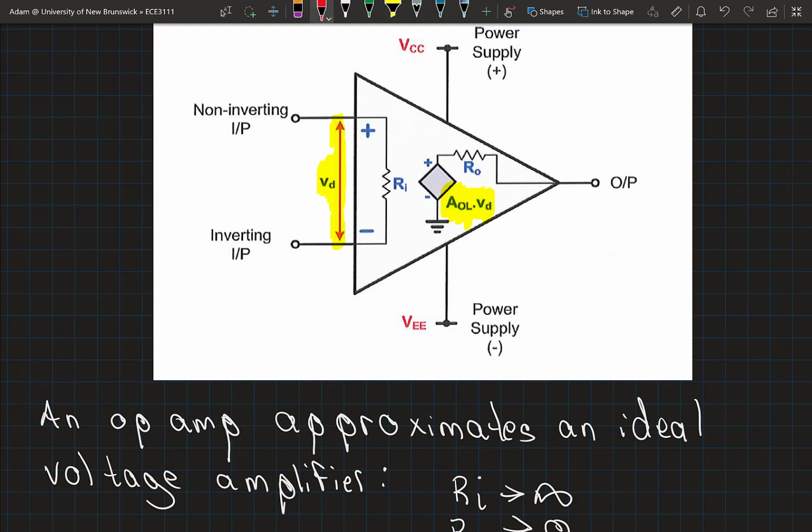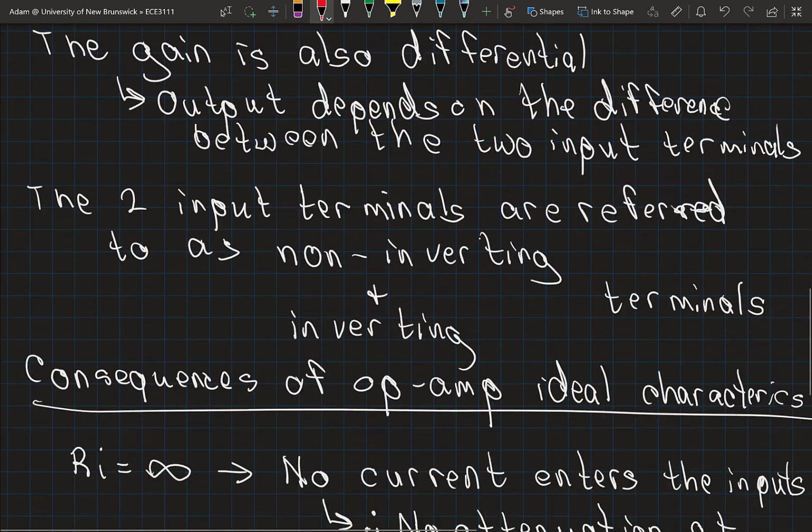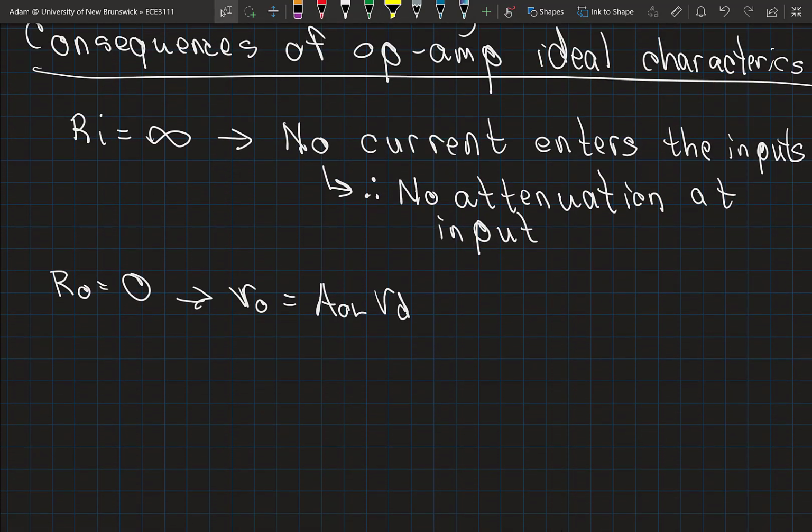Now if we're saying that the output resistance is zero, then the voltage that appears at the output here, this V out, is going to be exactly equal to the open loop gain times the differential voltage that's applied to the input. Okay, so let's define some of these things. AOL is what we call our open loop gain.